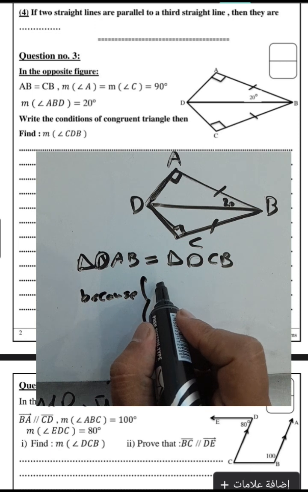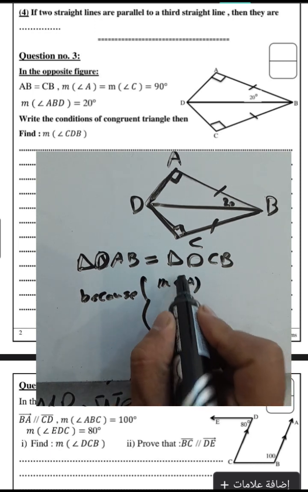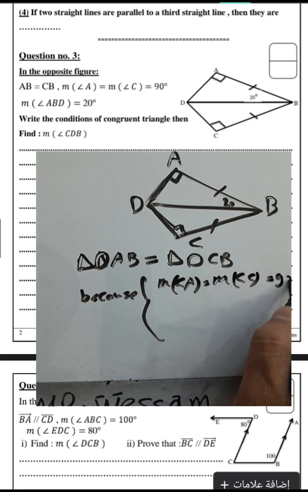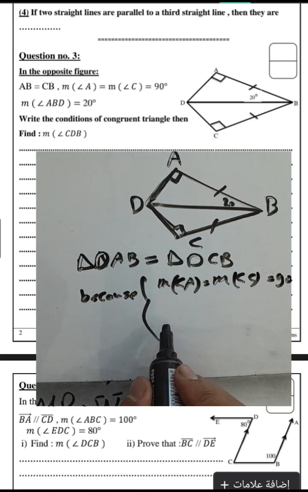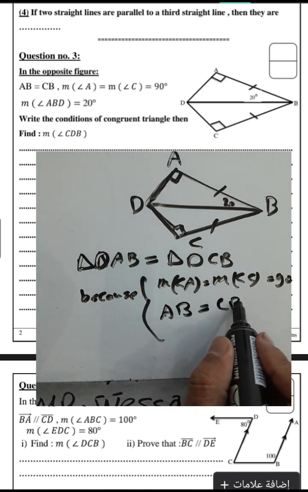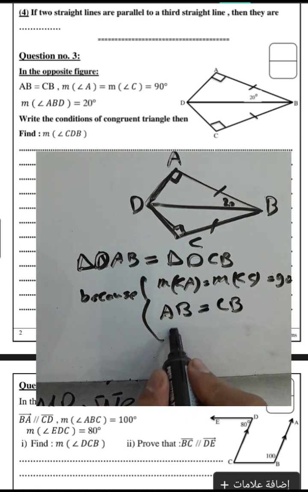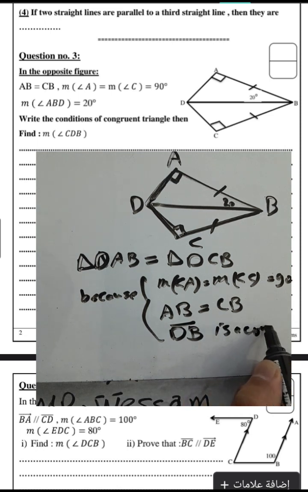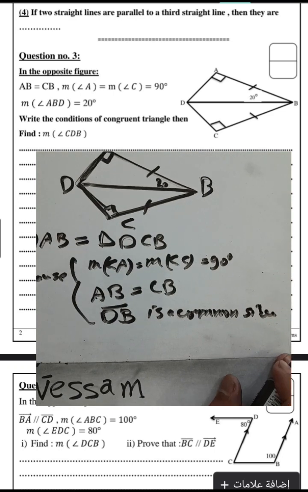we have the measure of angle A equal to the measure of angle C equal to 90 degrees, and AB equals CB, and DB is a common side between them. Then the two triangles are congruent.